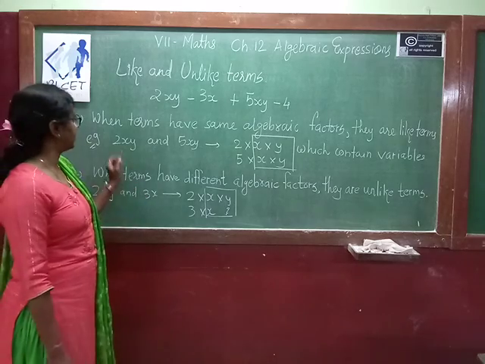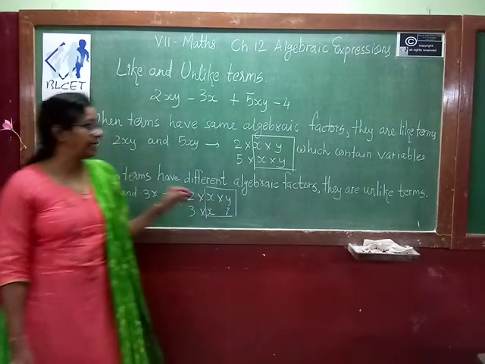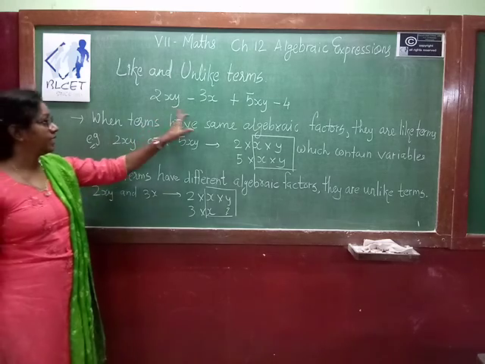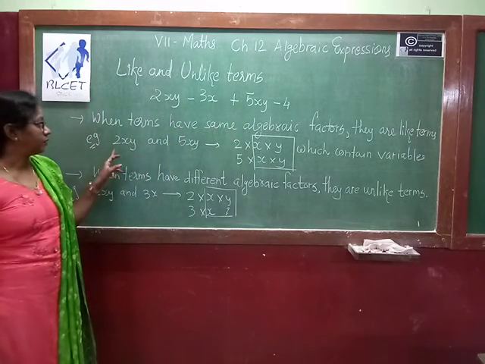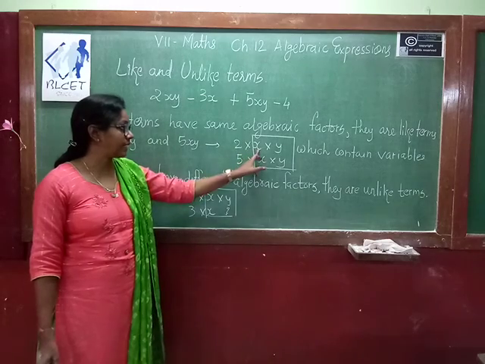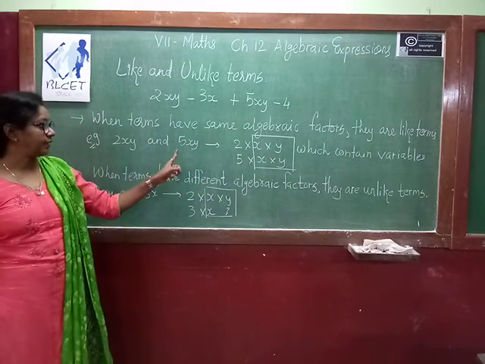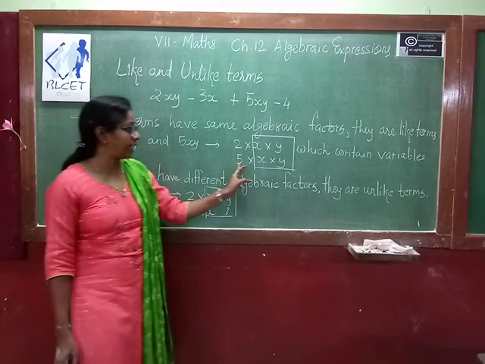So consider, when terms have the same algebraic factors, they are like terms. Suppose we have 2xy and 5xy. When you take the factors of 2xy, it is 2 into x into y, that is 2, x and y. For 5xy, we have 5 into x into y.